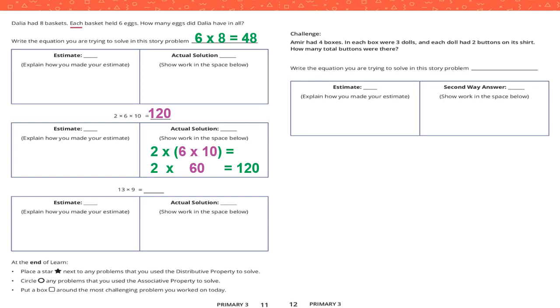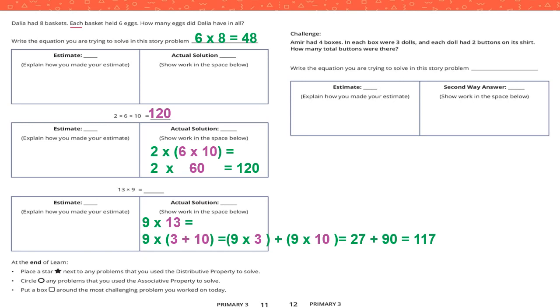The last one, 13 times 9. I can solve it. 13 is a very big number. Okay, I don't know it from the tables. So what should I do? I can use distributive property to solve it very easily. Like this. 9 times 13 equals 9 times, I will split this 13 into 3 plus 10.